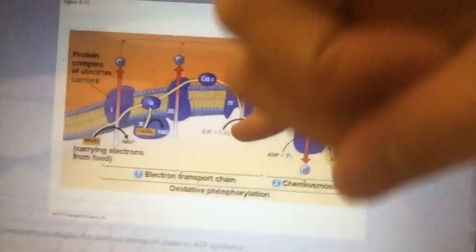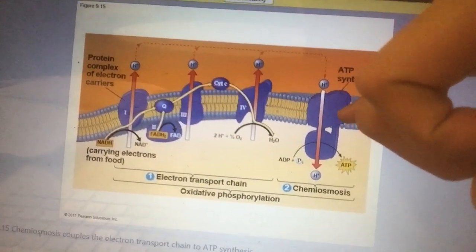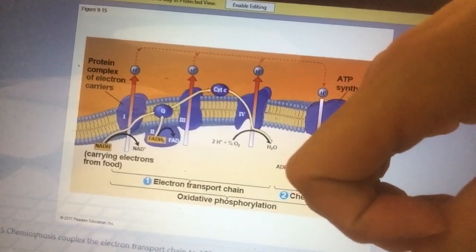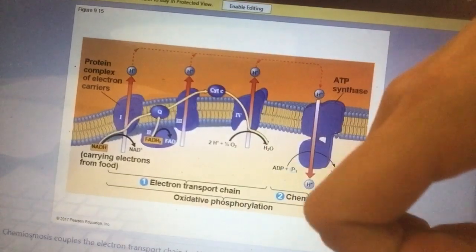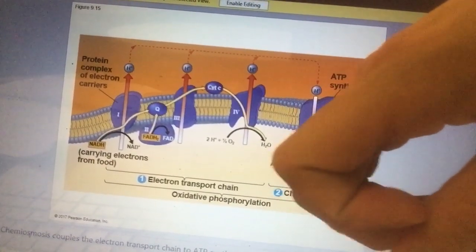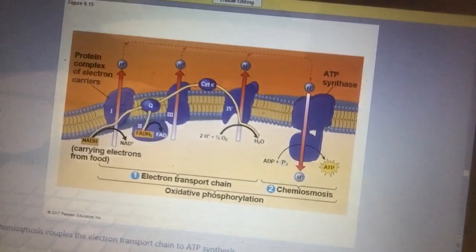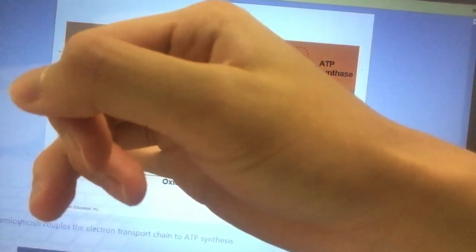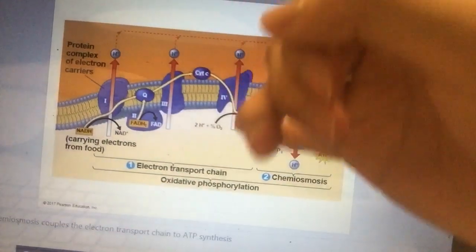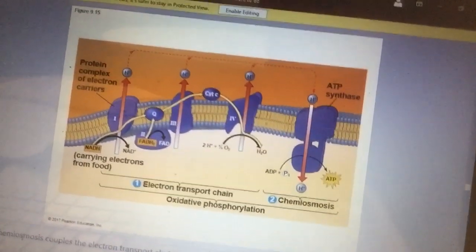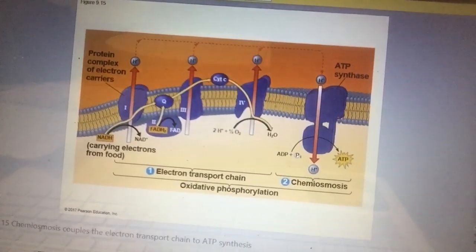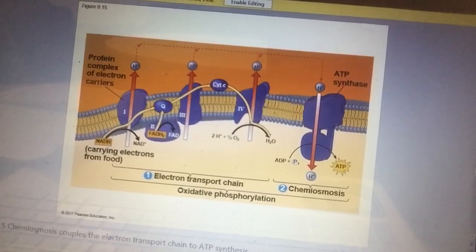As you can see, this over here is the ATP synthase, which moves the hydrogen ions into the mitochondrial matrix, and in the process ADP is combined with an inorganic phosphate, creating ATP. And then as the electron flows through the electron transport chain, hydrogen ions will be moved back into the intermembrane space, which establishes a hydrogen ion gradient.